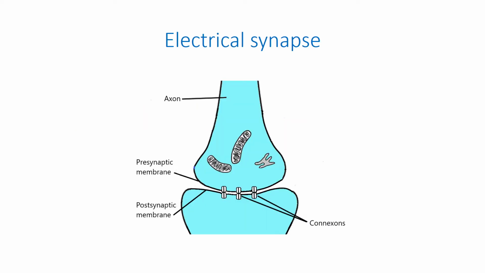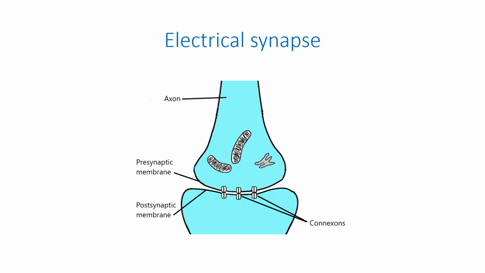Synapses are structures that transmit nerve impulses from one neuron to another, the so-called interneuronal synapses, or to effector cells, that is, the neuroeffector junctions. In this video, interneuronal synapses will be described. They are classified as electrical and chemical.